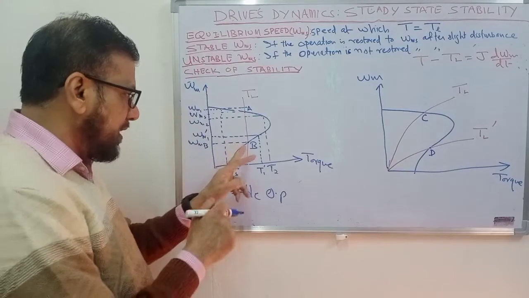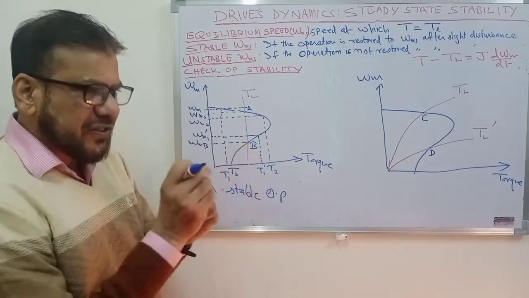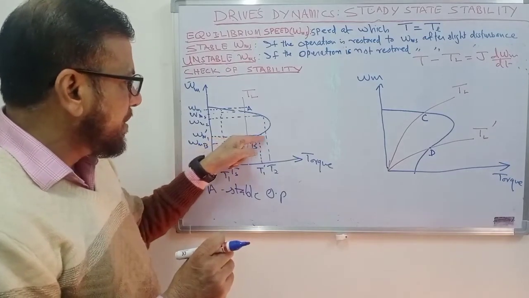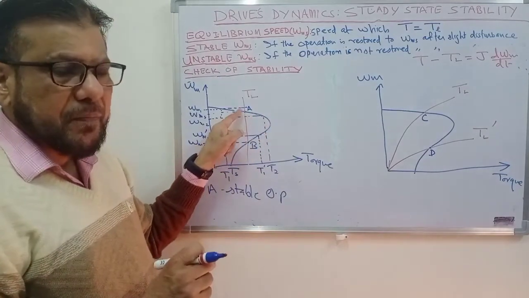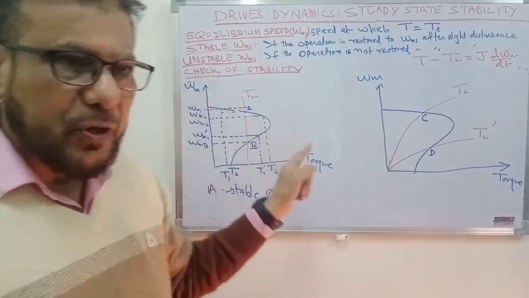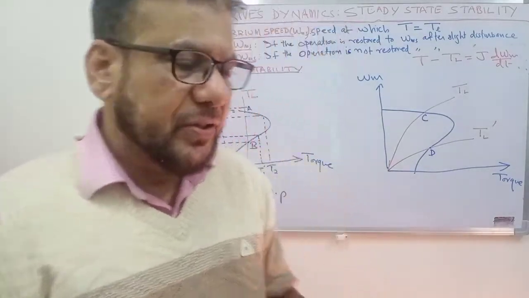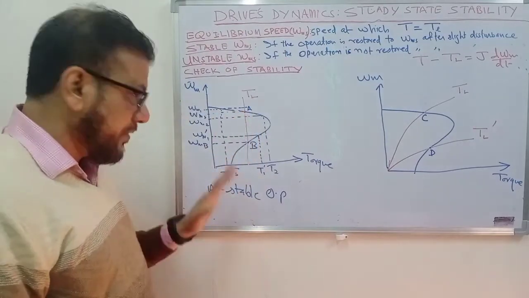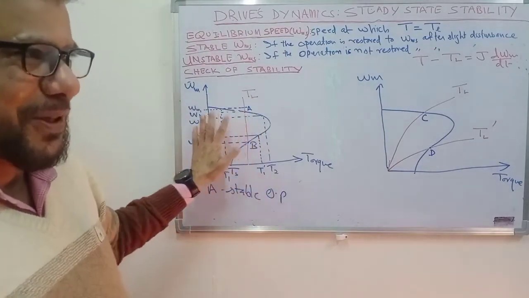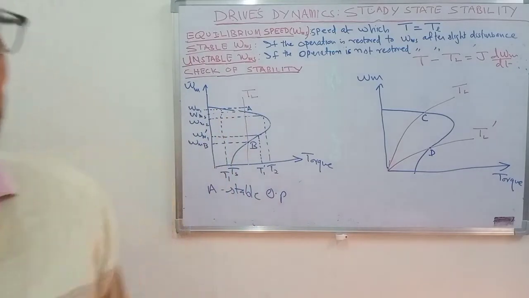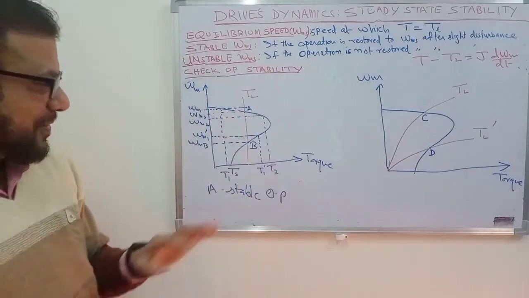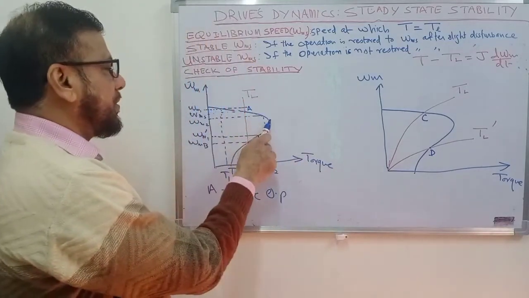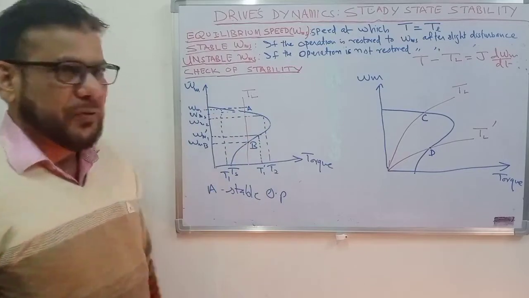So if you assume that the motor is operating here, any increase in the speed will cause the operating point to shift gradually from B to point A. And as A is a stable operating point, the motor will afterwards run continuously at operating point A. So this region is a stable region, and this region is an unstable region.